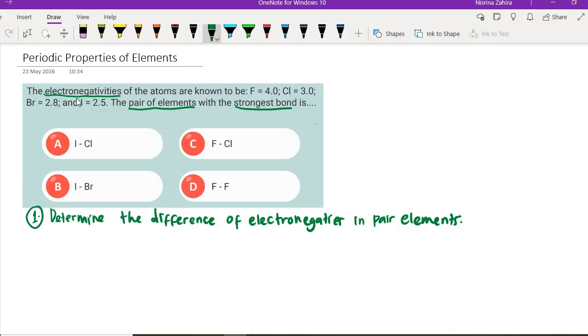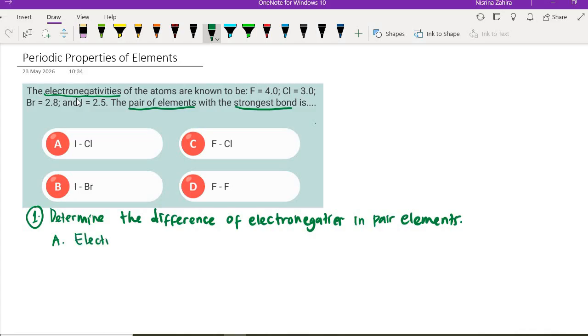We have to find the difference of electronegativities in each pair, starting from option A, B, C, and D. Let's start with option A. In option A, there are two elements, namely iodine and chlorine. So you have to determine the difference of electronegativity.